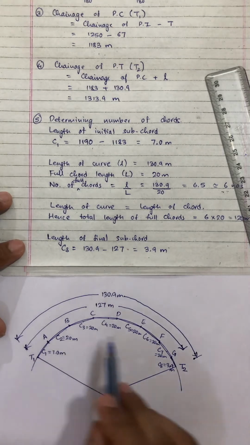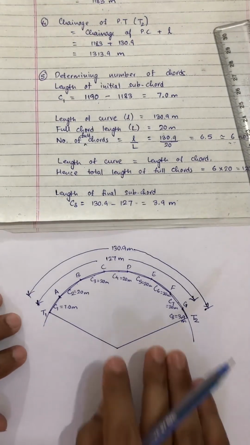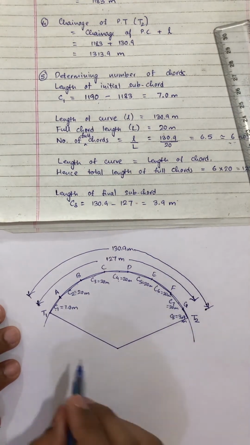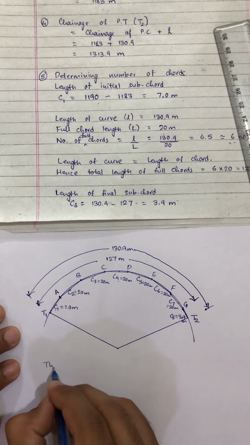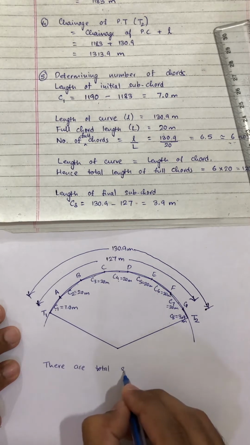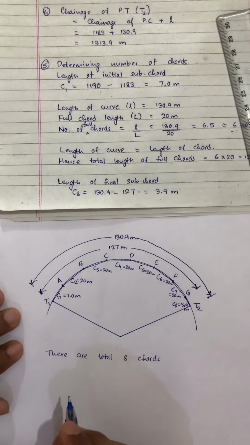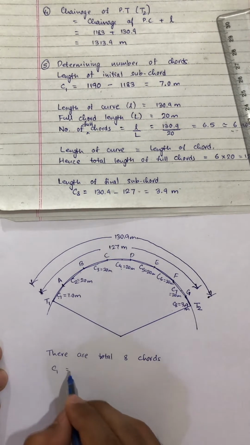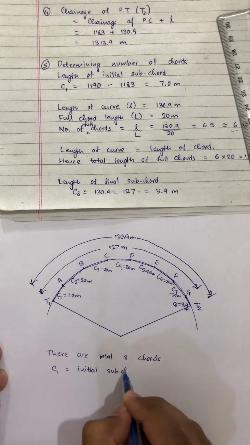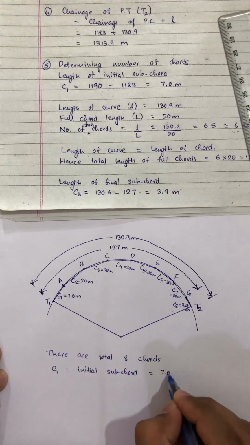So we have got the number of chords here. How many chords are there? See, this is 1, 2, 3, 4, 5, 6, 7, 8, so there are a total of 8 chords. C1 is the initial subchord, which is equal to 7 meters.